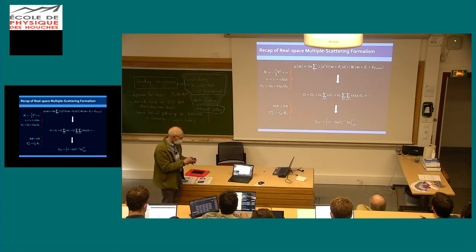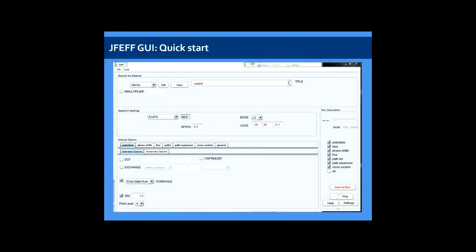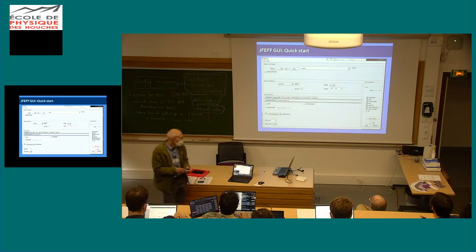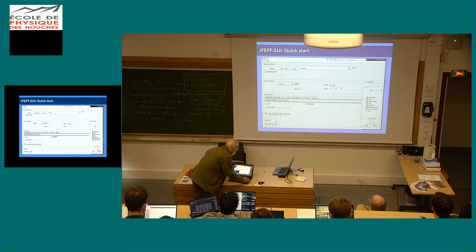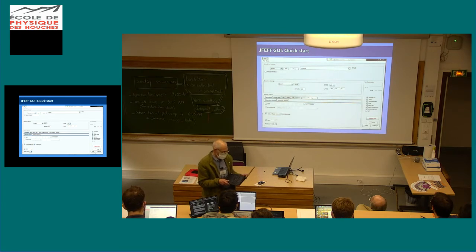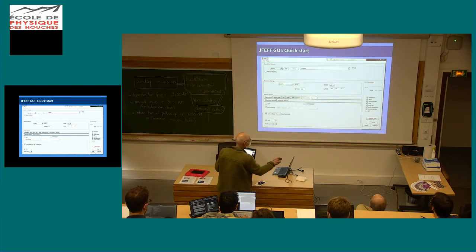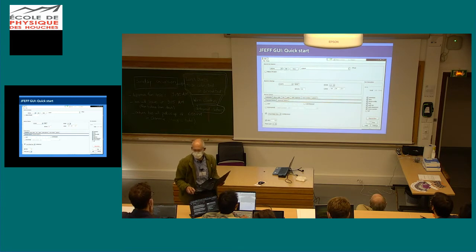Okay, so let's go back and do the test. Well, we did copper, but to make sure it's working, what you want to do now is to go down to this button that says plot and push the button.